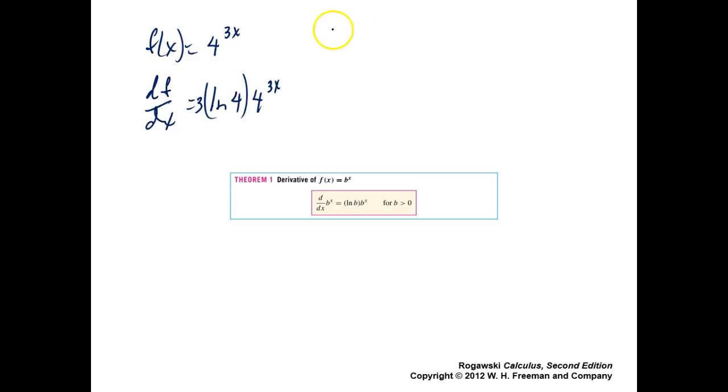Here's the B part. f of x is equal to 5 to the x squared, and we're looking for df dx. What would that be? Now, this is not 5x squared. It's 5 raised to the x squared power. Okay.